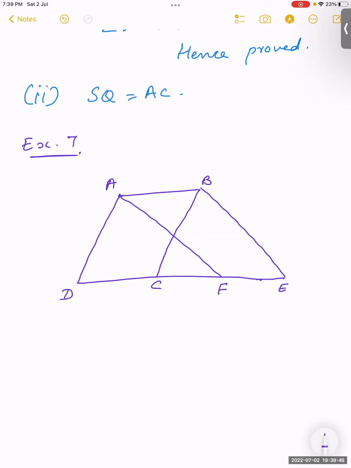Now what they have told us, DC is equal to CF is equal to FE. All of them are equal. Fine. O is the midpoint of BC. O is the midpoint of BC means this and this side are going to be equal. Oh wait, I cannot use it. It's the same representation. These two are equal. Now what? Nothing else. So they are parallelograms.